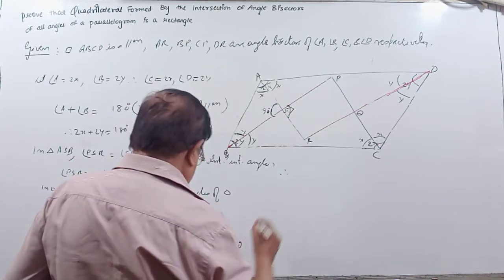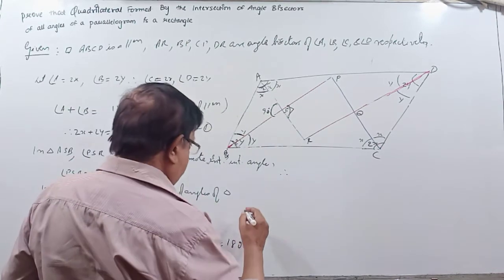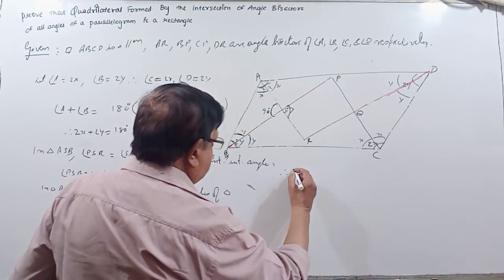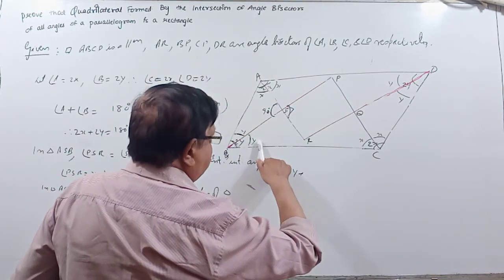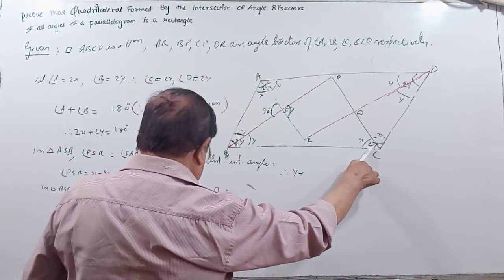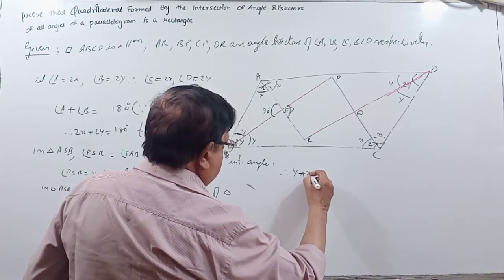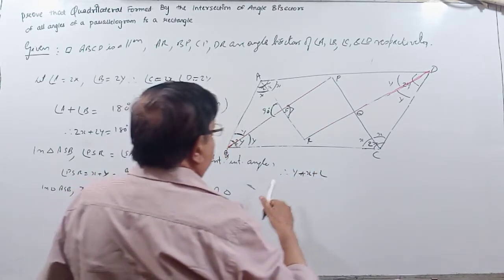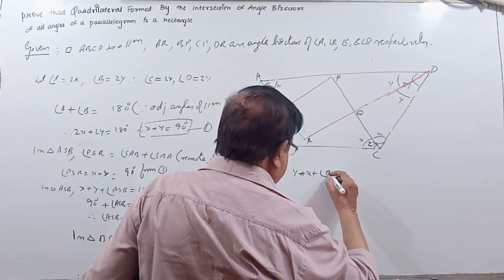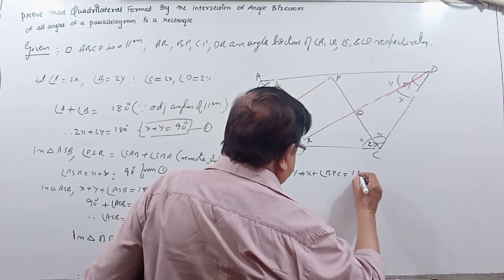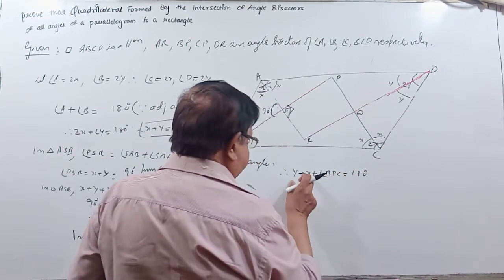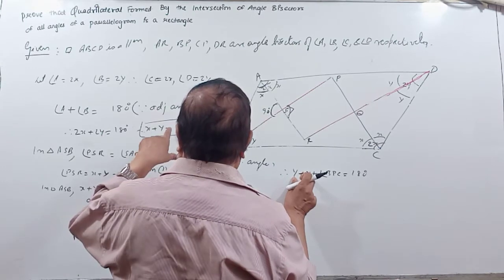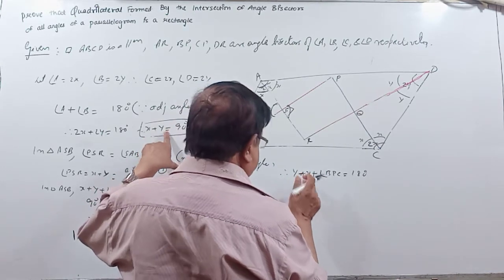Therefore, angle PBC is y, angle PCB is x, plus angle BPC equals 180. This is x plus y. This is the important one: x plus y equals 90.